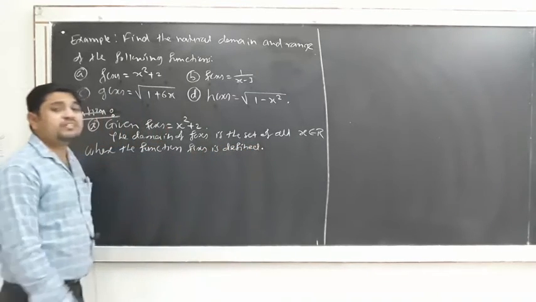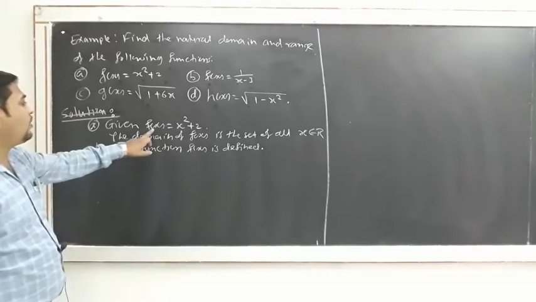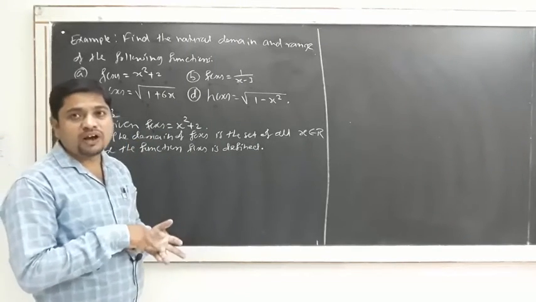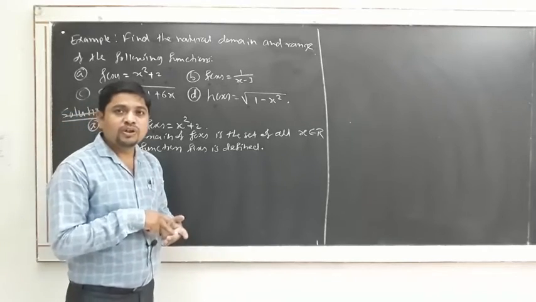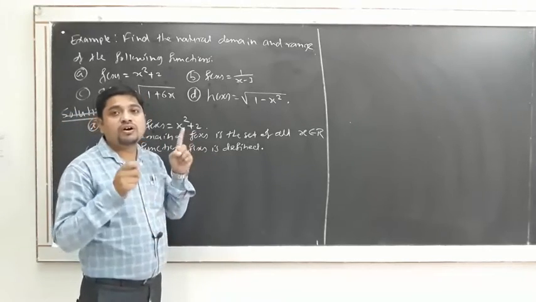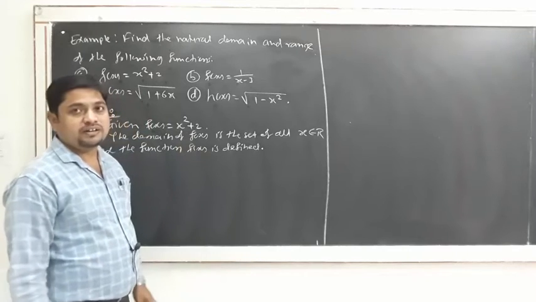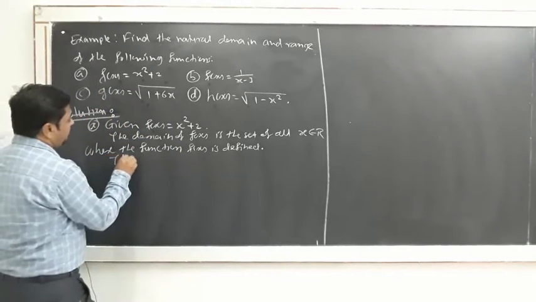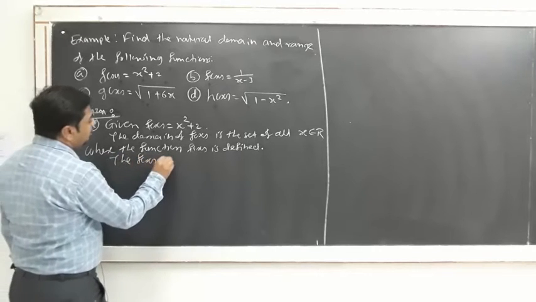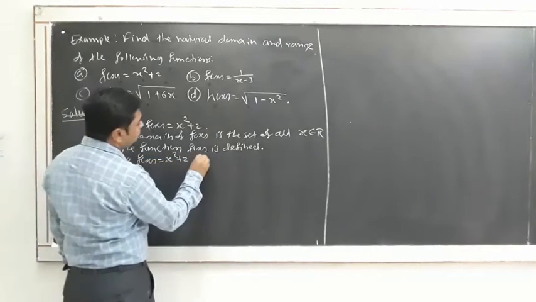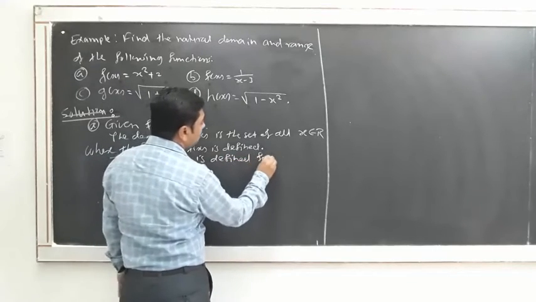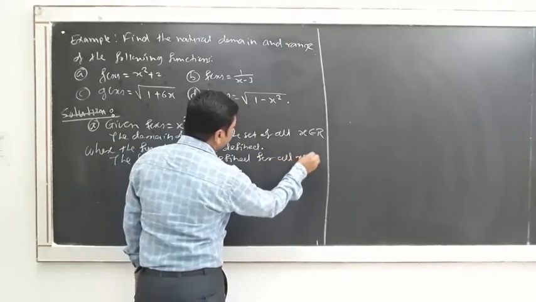That is, the domain is the set of all x where the function is defined. Where is this function not defined? For positive values, for negative values, for 0, this function is defined for all real numbers. Therefore, we can say that the function f of x is equal to x square plus 2 is defined for all real numbers.